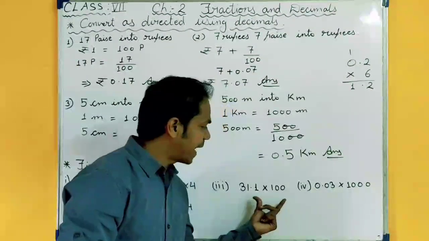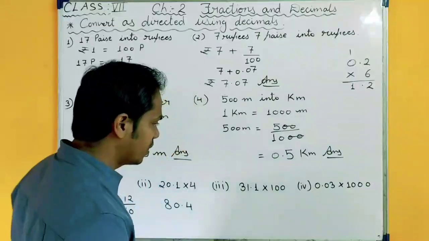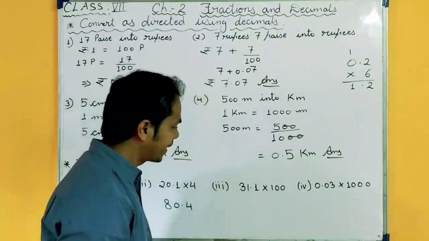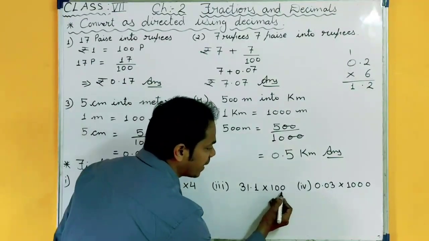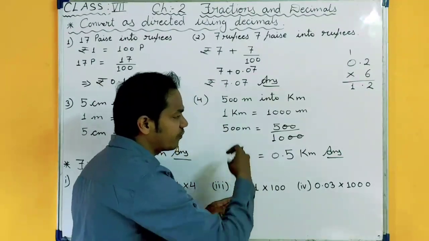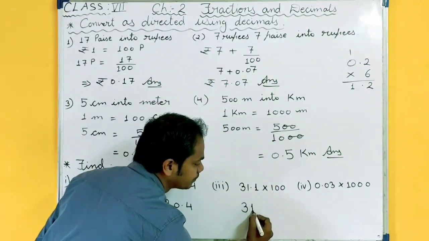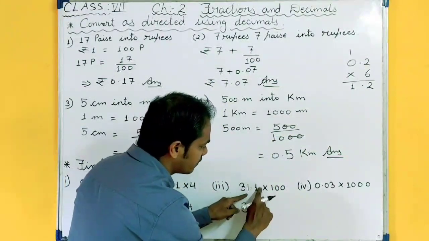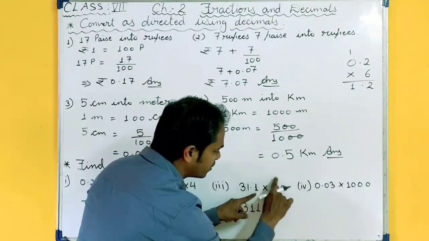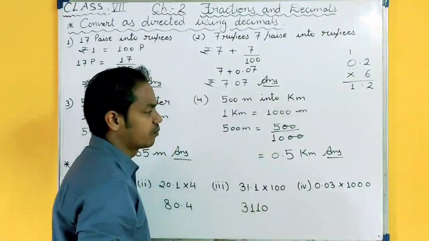And whenever you multiply any value by 10, 100, 1000, 10,000, 1 lakh, you can write the direct solution. No need to do the long multiplication method. Okay. So multiply by 100. How many zeros are there? 2 zeros. So your point will shift 2 values to the right hand side. How? 3.1. This point first will come here. And again shift here. So value is not there, so you will put 0. So 3, 1, 1, 0.